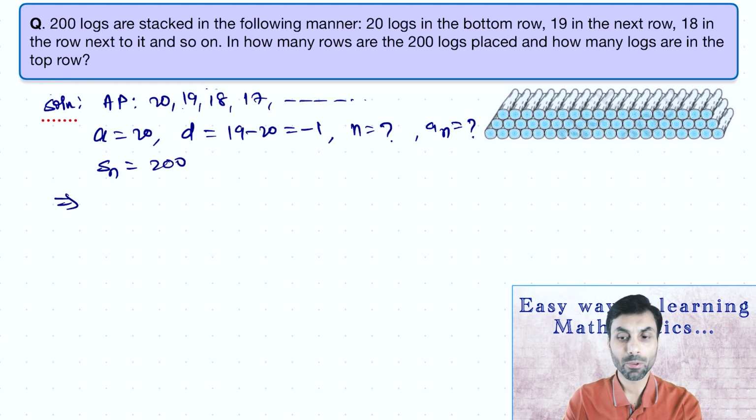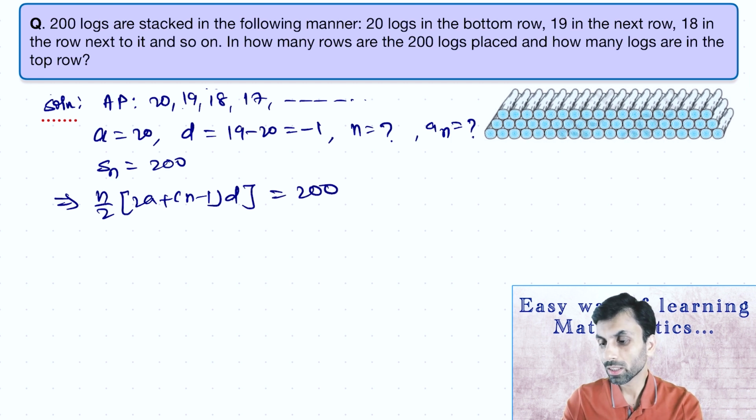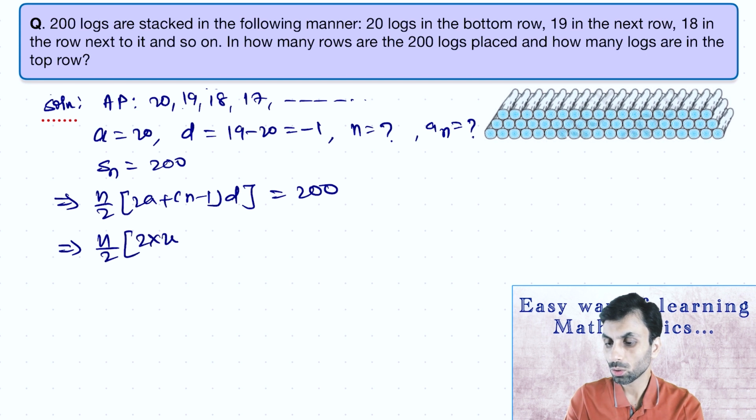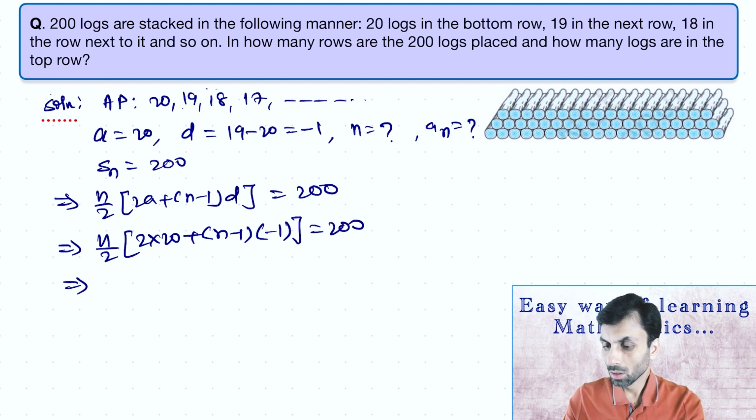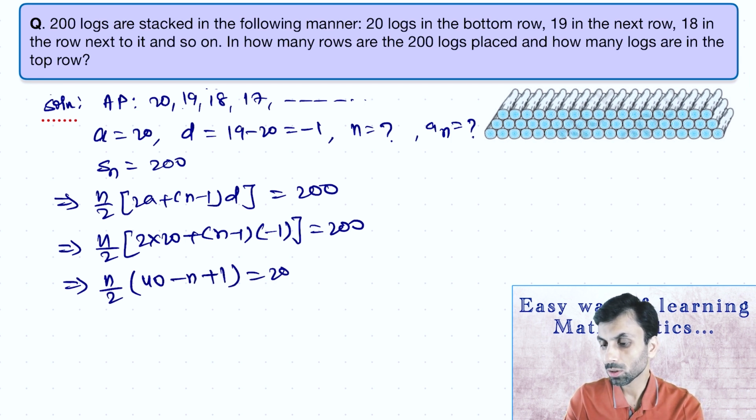If we use the Sn formula, which is n by 2 into (2a plus (n minus 1) into d), which is given as 200, we'll get n by 2 into (20 plus (n minus 1)), common difference is minus 1, which is 200. We'll get here n by 2 into (40 minus n plus 1) equals 200, which is n by 2 into (41 minus n) is 200.